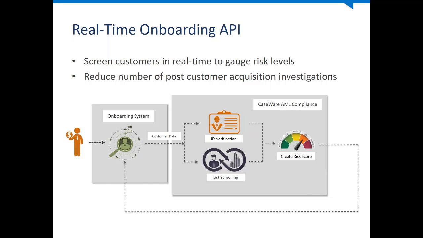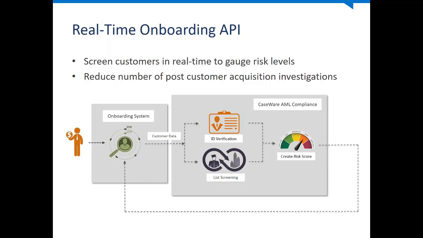Some customers even go beyond that, by the way. They provide more than just name, date of birth, and address. They're also providing information that allows us to do segmentation for the customer: profession, age, gender, things like that.